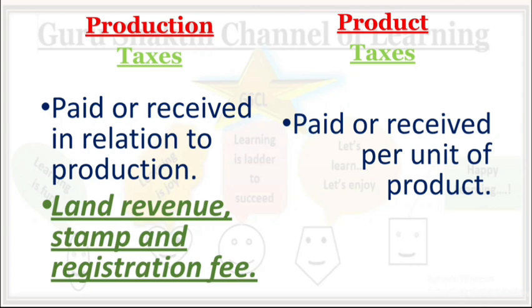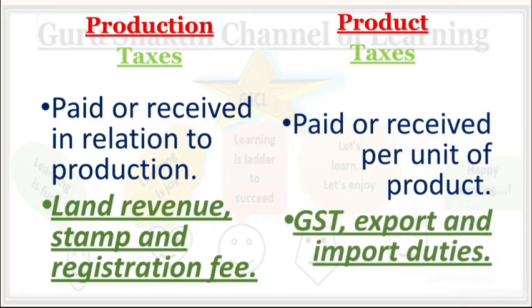You might have noticed they give you a bill which includes certain percent of GST that is added on. GST is one example of such product taxes. Export and import duties are other kind of product taxes that are paid.